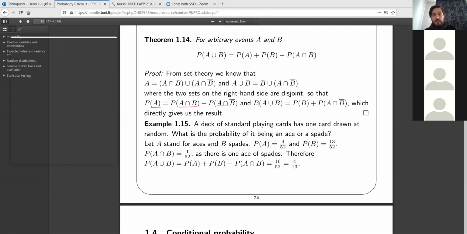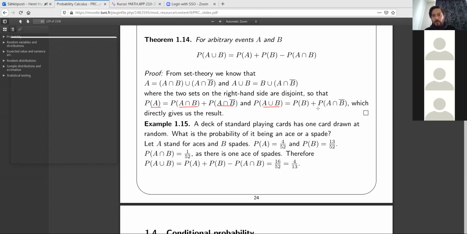Now let's apply the same to A union B. A union B divides into two parts. Similarly, the elements that are in B and the elements of A that are not in B. This A union B contains both these circles. So these are the elements that are in B, and those are the elements that are not in B. So we can express A union B similarly.